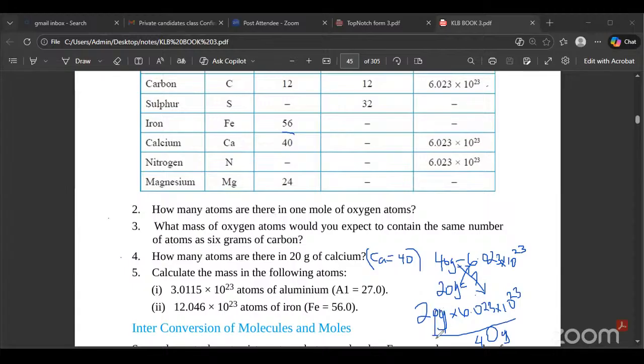The 0 will disappear, 2 by 1, 2 by 2. So it is half of this. So what is 6.023 multiplied by 10 raised to 23 divided by 2? I think the answer should be something like this. I don't know, you can confirm, but I think that is the answer. It is okay up to there.